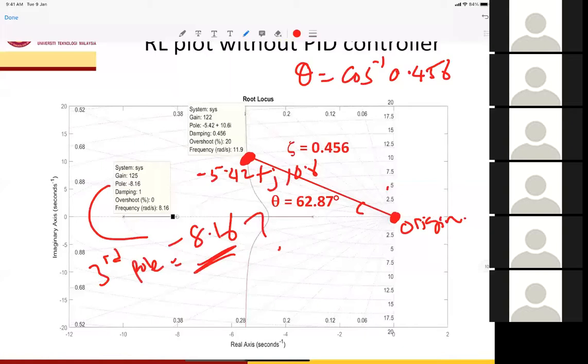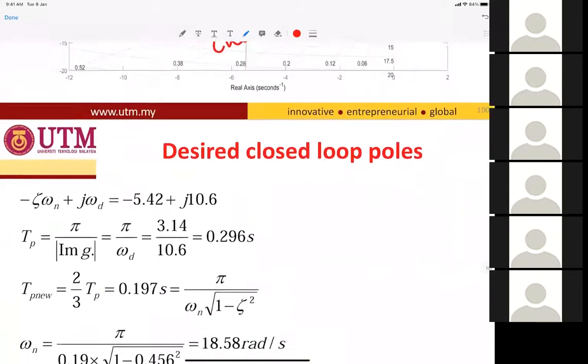From the graph. No, manual. How do you get it? It's by using the characteristic equation.